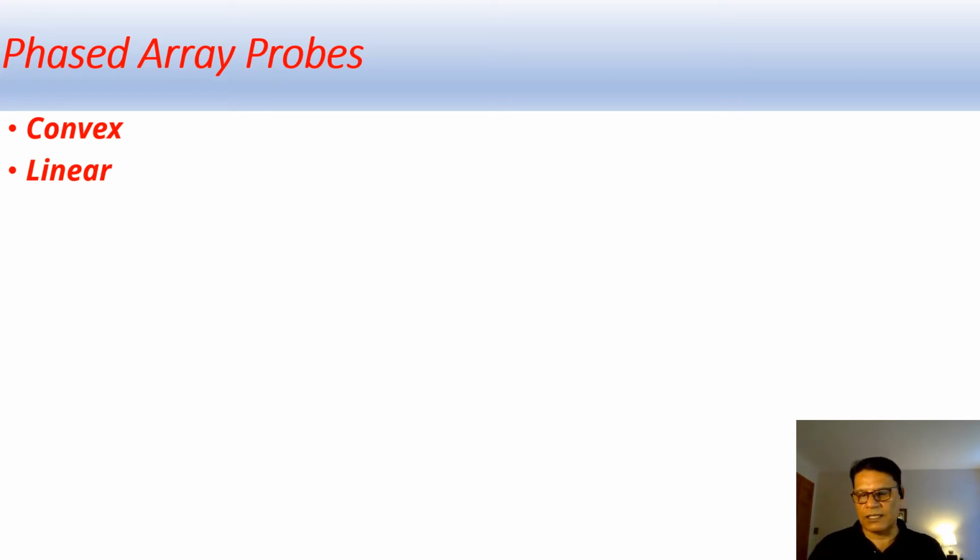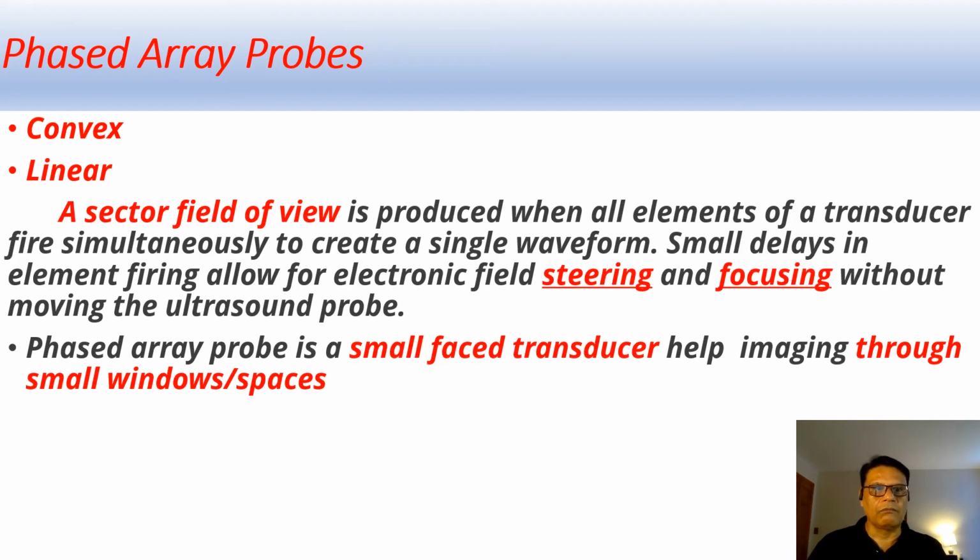And the field of view that is produced is called sector field of view, and they have ability of steering and focusing. Phased array probes are usually small, their footprint is small, and they are usually cardiac probes.